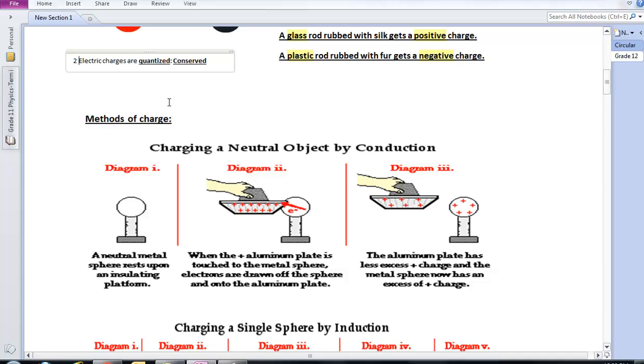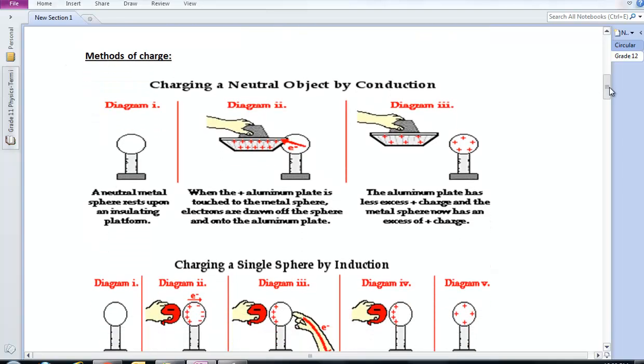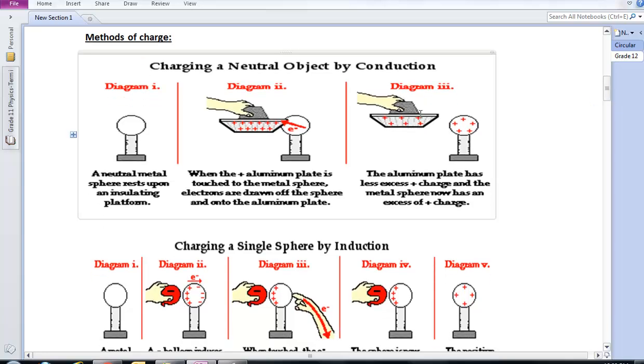Here we need to identify the methods of charge, and we discussed them in the class. Basically, it could be conduction, which is a direct contact. So if you have a positively charged object, when you have direct contact with the electroscope, this is basically an electroscope, a metal sphere that has an indicator.